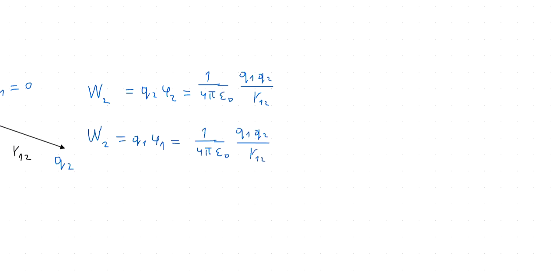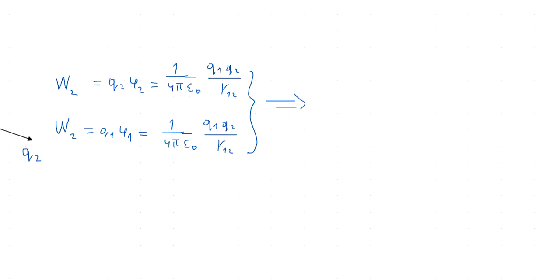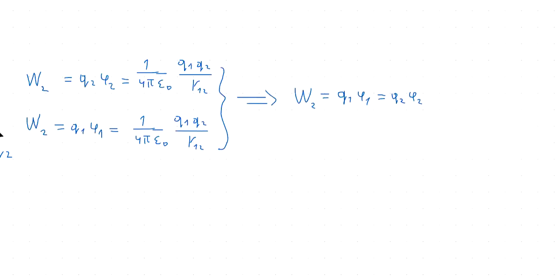Okay, so from here we can write that the potential energy of two electric charges is equal to Q1 Phi1, and this is equal to Q2 Phi2, and this is equal to this value.